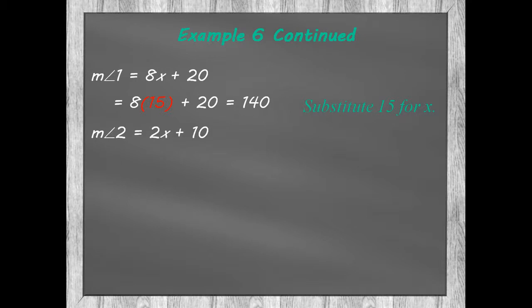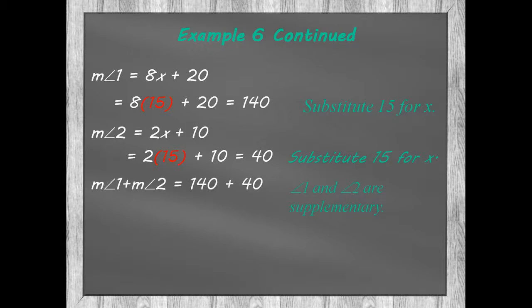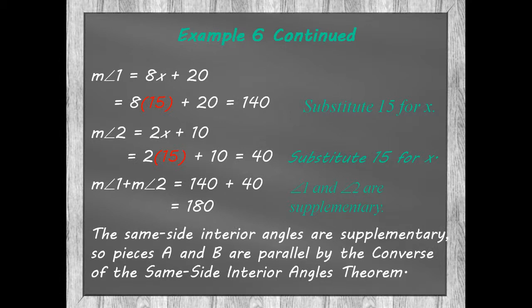The measure of angle 2 equals 2x plus 10, and we'll substitute in the 15 for x, and we get 40. Angles 1 and 2 are supplementary since their measures equal 180 degrees. The same side interior angles are supplementary, so the pieces A and B are parallel by the converse of the same side interior angles theorem.